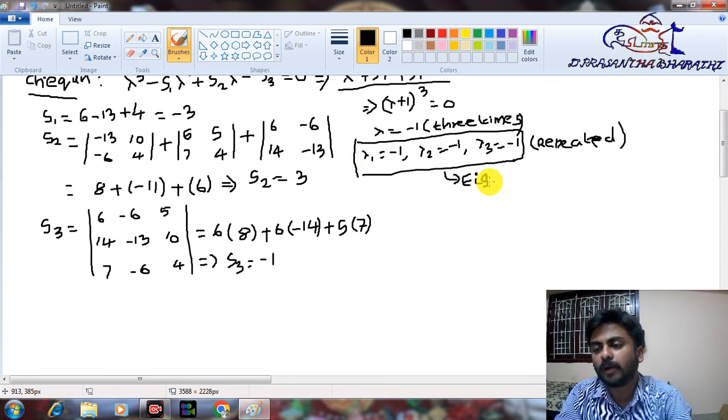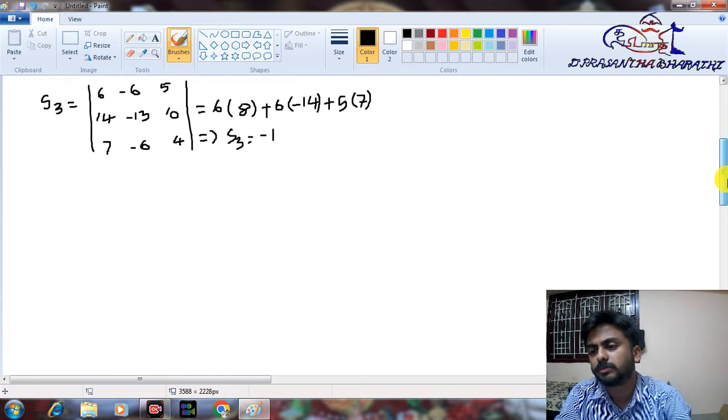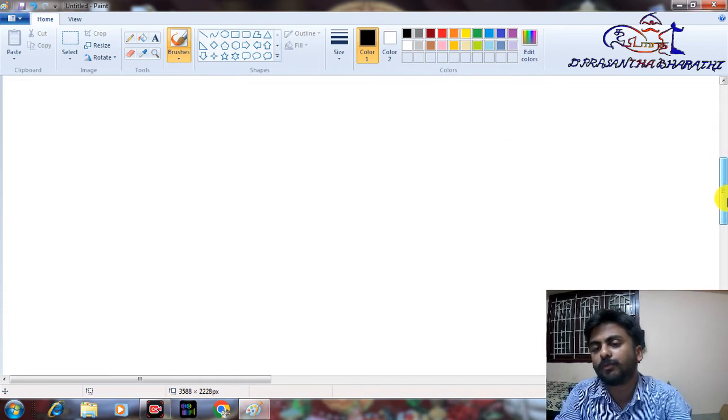Always eigenvalues are unique, but for a single eigenvalue, on substituting it in an equation, we can have different eigenvectors. Now we want to find the eigenvector.